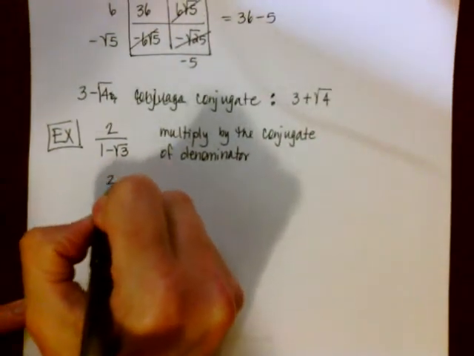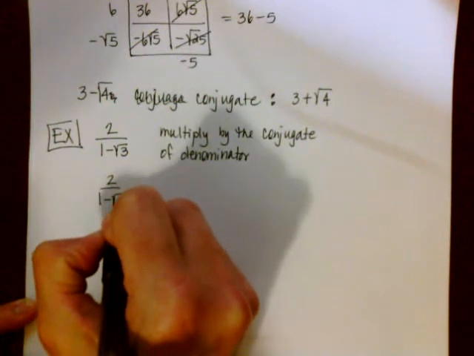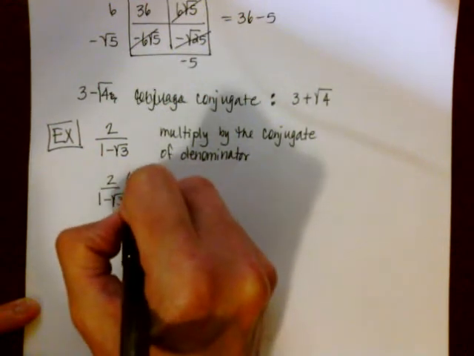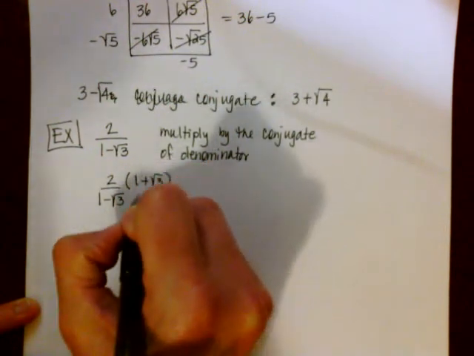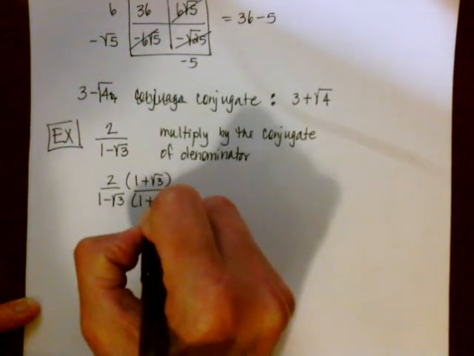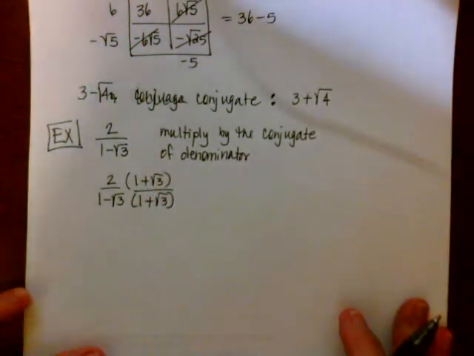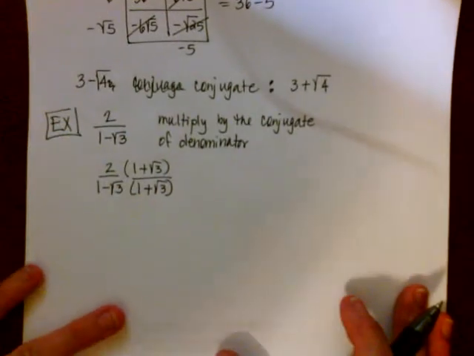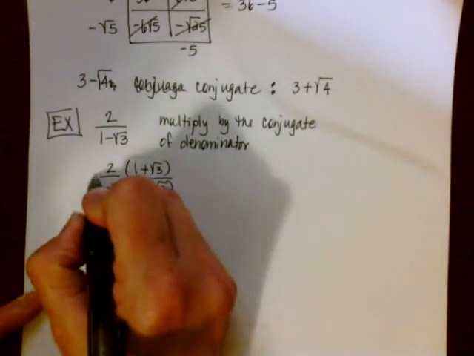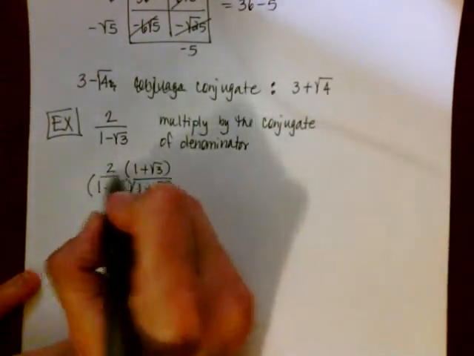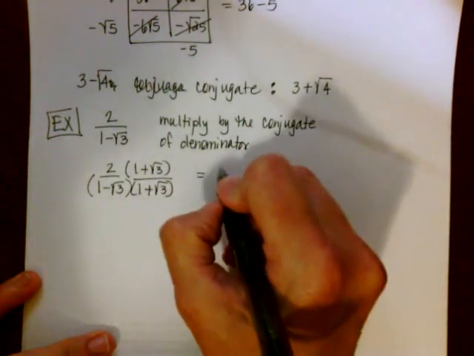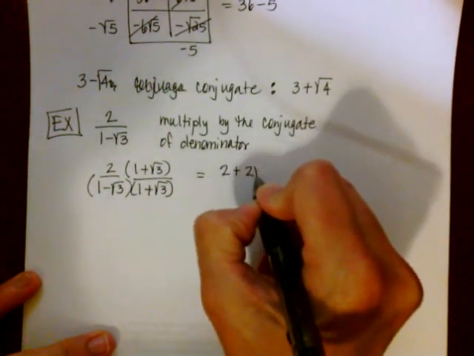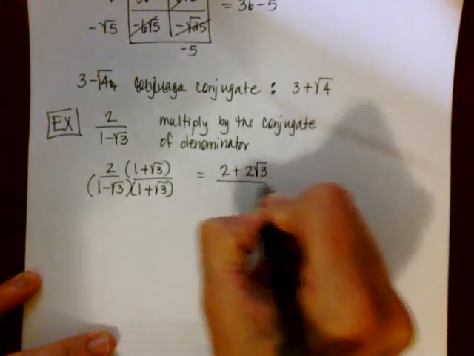So if I have my given fraction, I'm going to multiply by 1 plus radical 3 over 1 plus radical 3. And notice that's just the conjugate of the denominator. Okay? If I distribute across the top, I'm going to get 2 plus 2 radical 3.